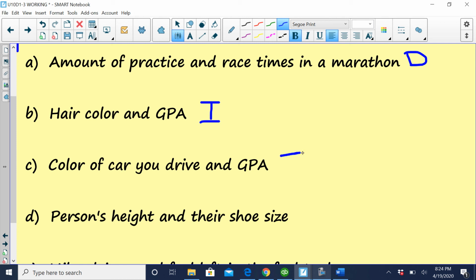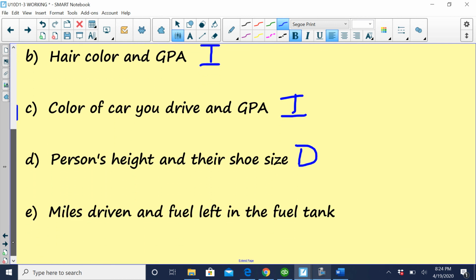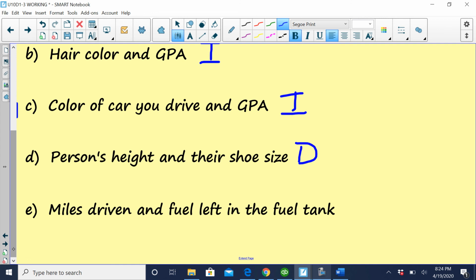Once again, I would say these are independent events. A person's height and their shoe size. Now, this could be argued either way, but I would say more than likely this is going to be dependent. Usually, the taller you are, the bigger shoe size you have. Miles driven and the fuel left in your fuel tank, that's going to be dependent.